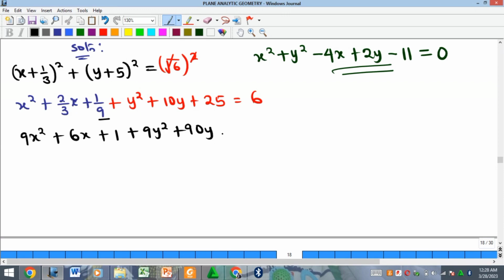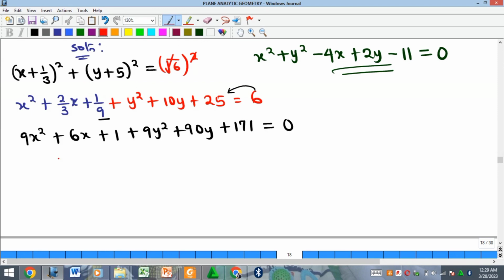And if you take the 6 to this side, it will be negative 6, and 25 minus 6 will give us 19. So we'll now do 19 times 9, which will give us 171, and everything now is equal to 0.